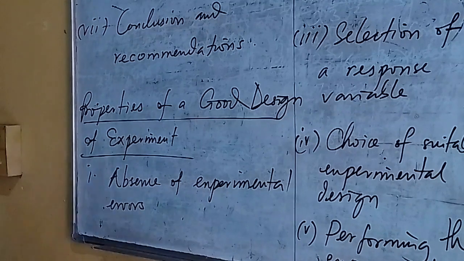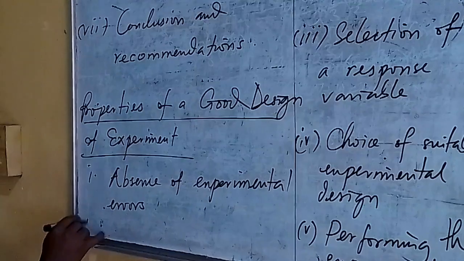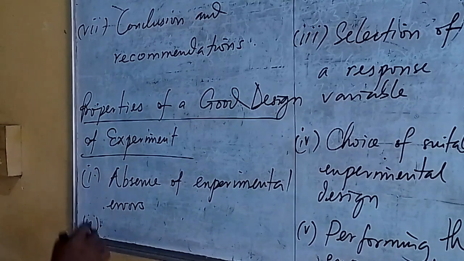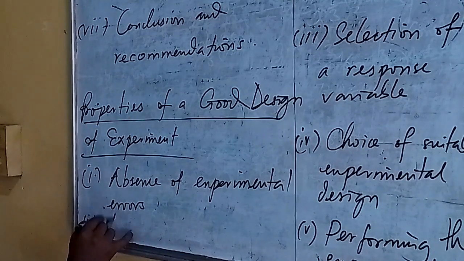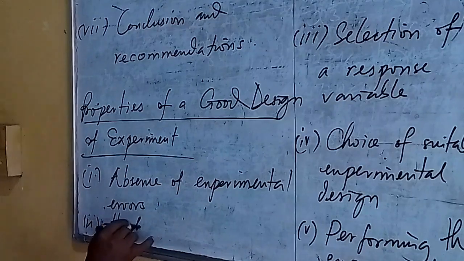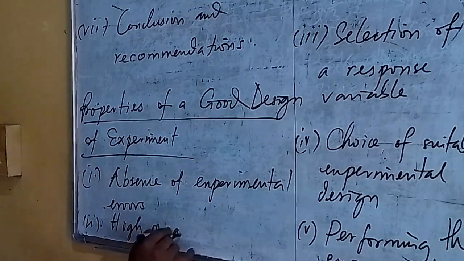And by that we mean both systematic and random errors. Okay? Which of course we've told you different ways to reduce or eradicate them. Is it clear? Number 2, a good design must have high measurable precision.